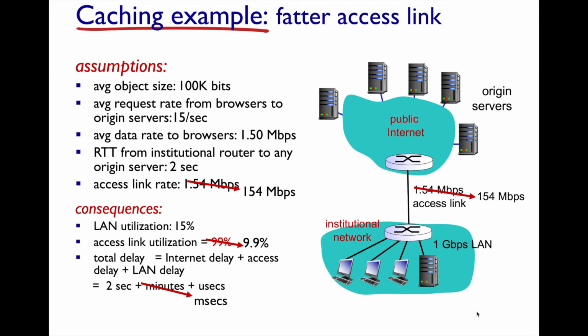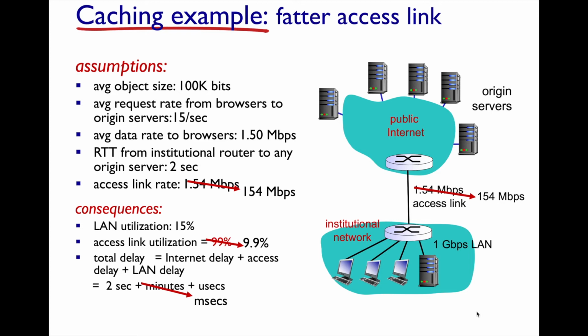That's relatively small, and because of that, the delay across that access link goes from minutes to milliseconds, right? And because it's pushing out data at a rate so much faster than the data comes in, your delays are going to be small because your router buffers are not going to fill up very much. Does that make sense? Any questions about this?